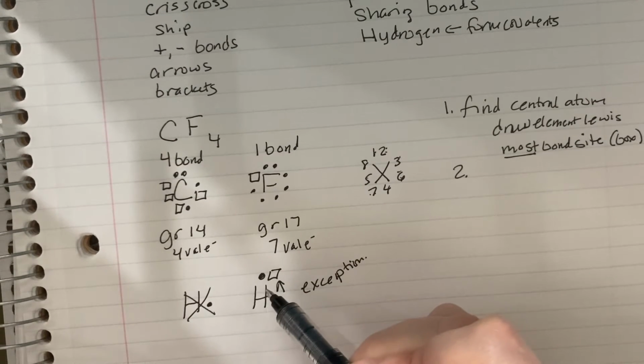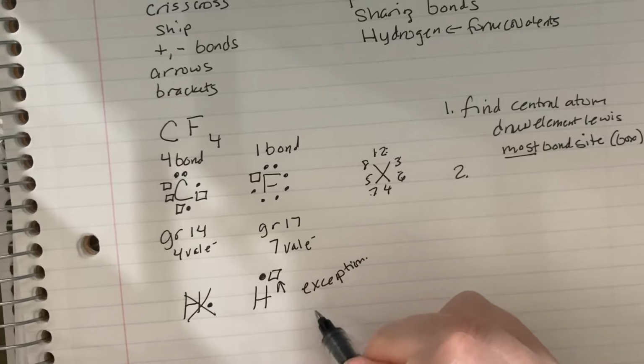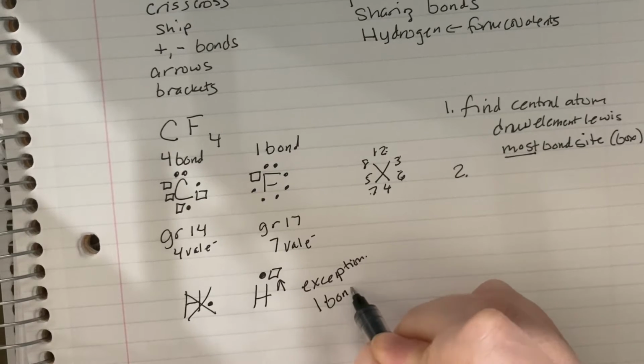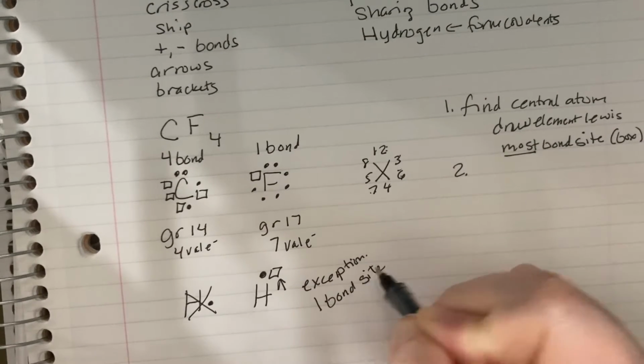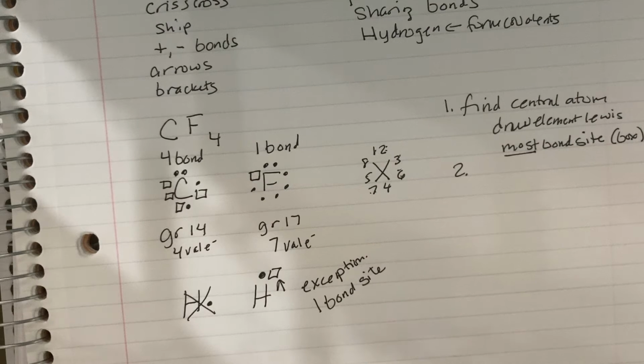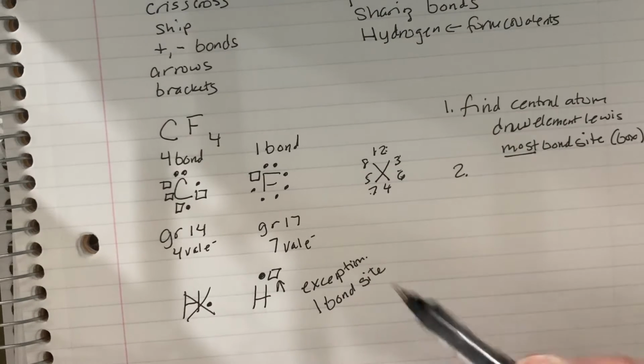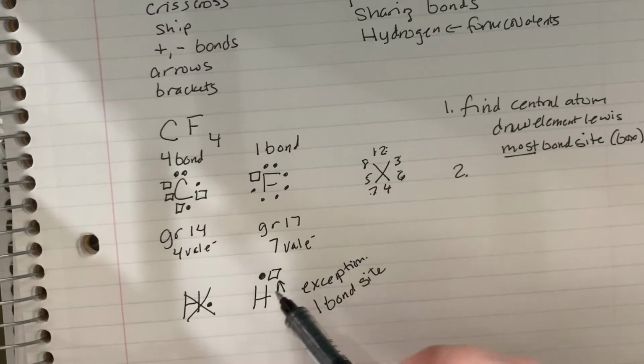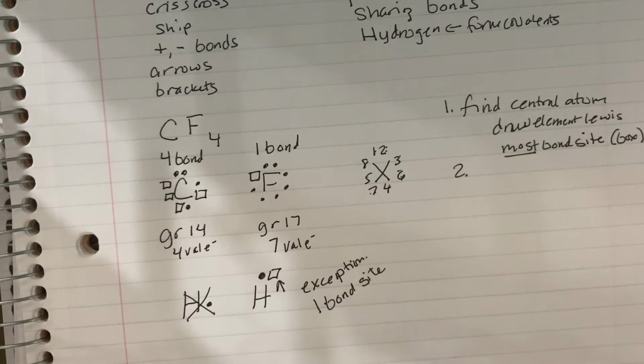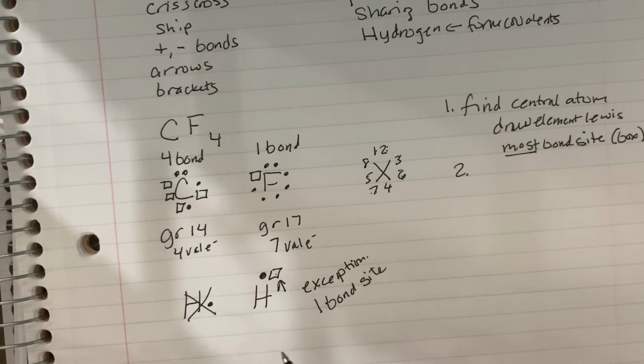Because hydrogen maxes out at 2 electrons. 1 bond site. So he is never going to be in the center. He can be with his partner, H2, or he can be with somebody else, but he's not going to be in the center because he can only do 1. So he can only have 1 partner or be on the outside.